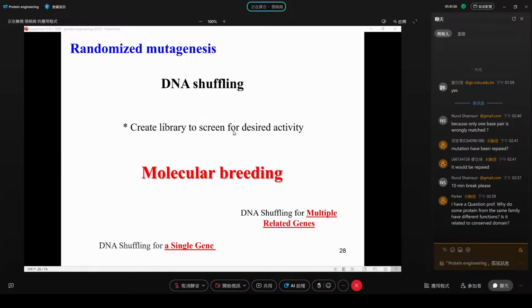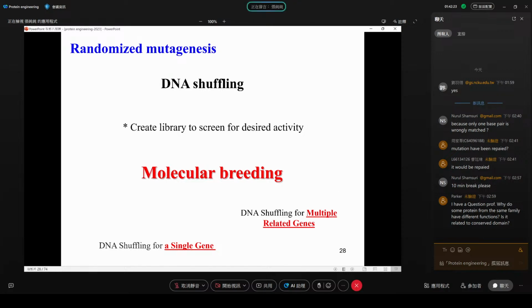Then we can do this kind of shuffling and random mutagenesis to make a new protein for the desired activity. So this is called molecular breeding. Molecular breeding relies highly on randomized mutagenesis, error-prone PCR and DNA shuffling. I already said this 3 times, right?